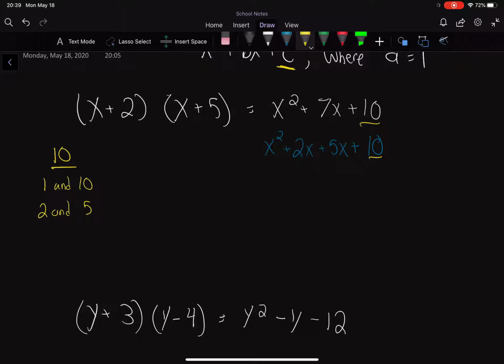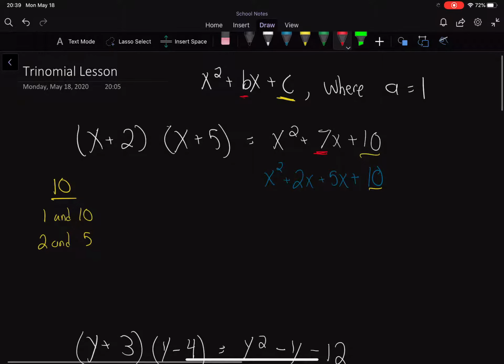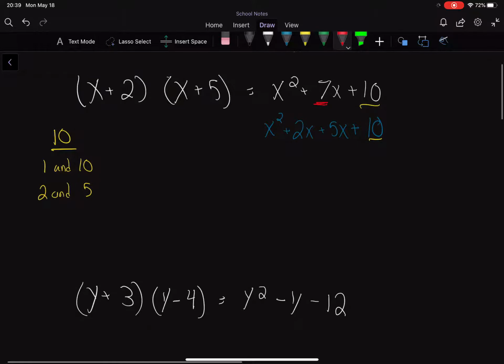Okay, but how are we supposed to pick between these two? So now this is where our B term, which I'll underline in red, this 7x comes into play. So we want to know which two factors of 10 add up to 7.